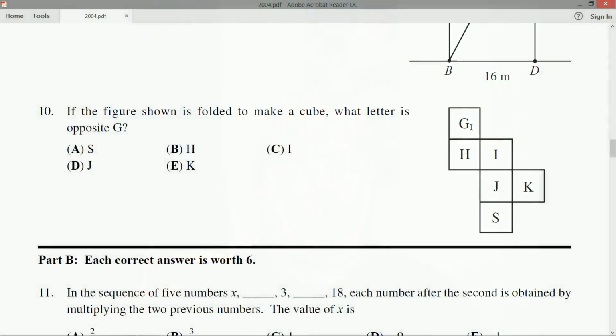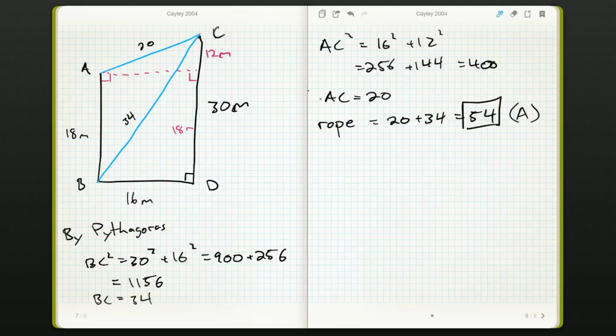When I think about this cube, I start thinking about what can't be opposite G. Well, anything touching G, so that rules H out right away. It doesn't necessarily rule out many of the other ones. Then I have to visualize what a cube looks like.